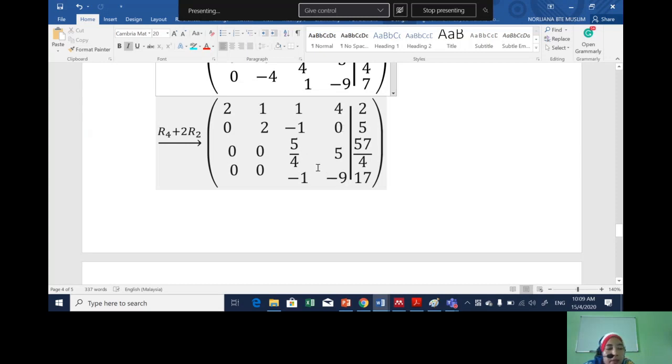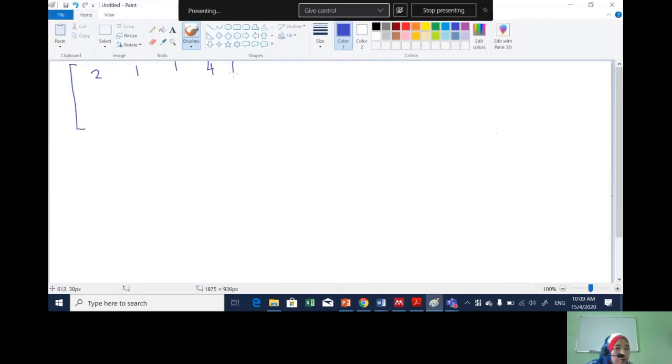I'm going to write down this matrix again on the screen: 1, 1, 4, 2; 0, 2, -1, 0, 5; 0, 0, 5 over 4, 5, 57 over 4; and then 0, 0, -1, -9, sorry, my writing is bad.